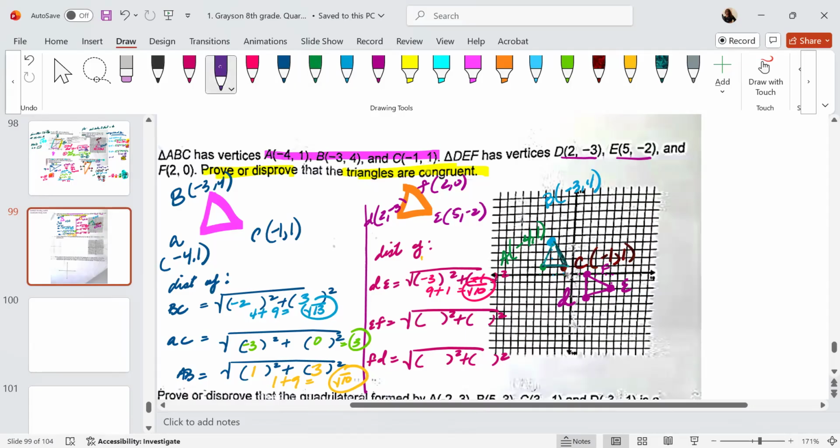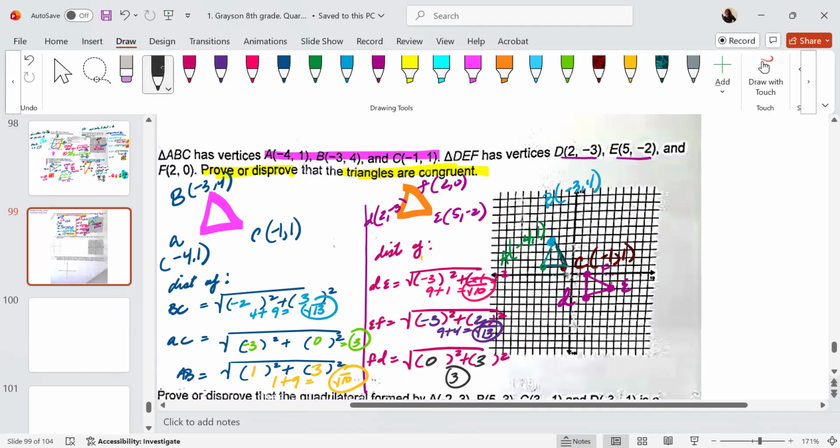All right. EF is 2, -3, 0. And then lastly, FD. 2 minus 0, 2, 3. So that's going to be 3.